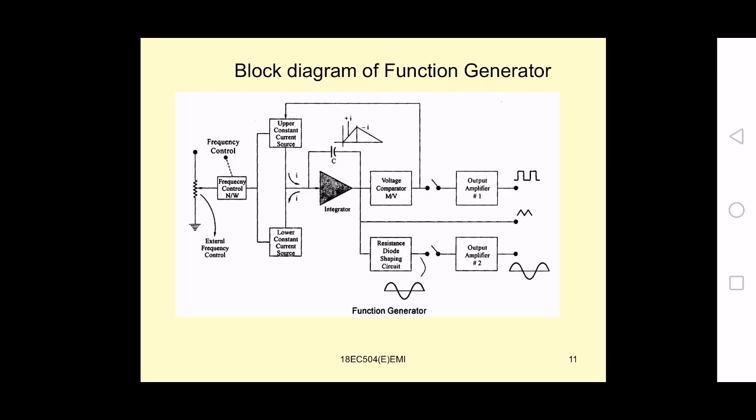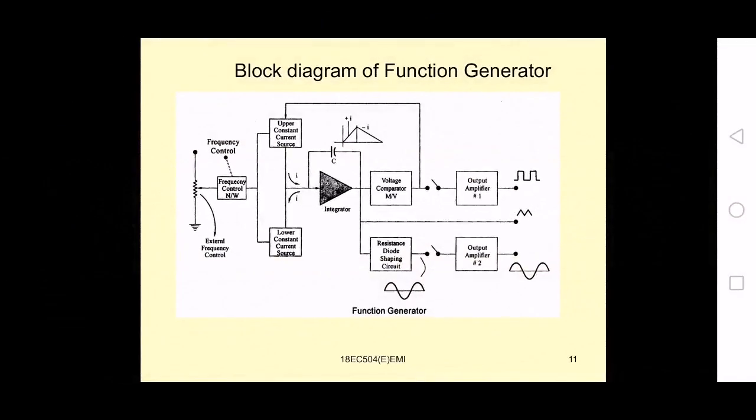And the output of the integrator, you can see, is a triangular waveform whose frequency is determined by the magnitude of the current supplied by the constant current sources, and the voltage comparator multivibrator output goes on and off, so that you are getting the square waveform. Using some linear wave shaping, we can use a resistance and diode shaping circuit, which we call a clipper circuit.